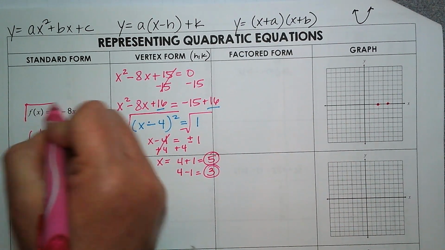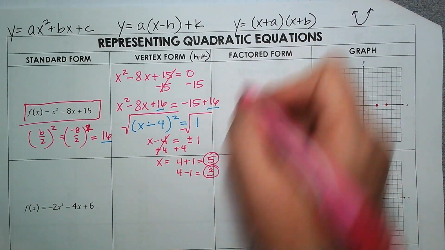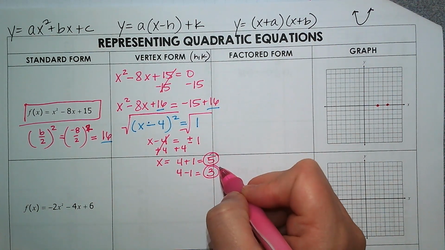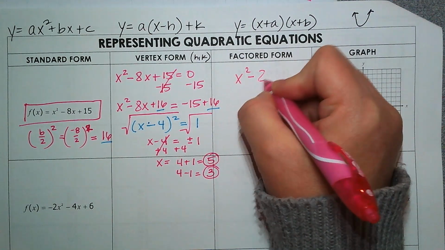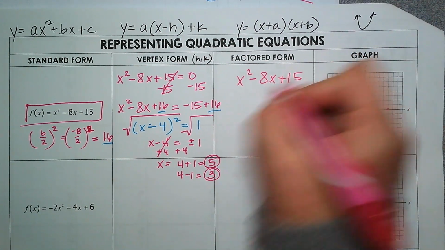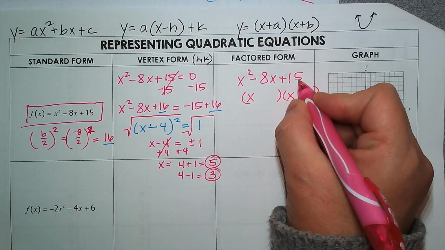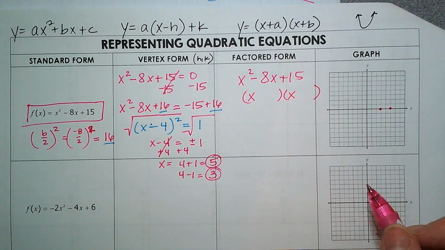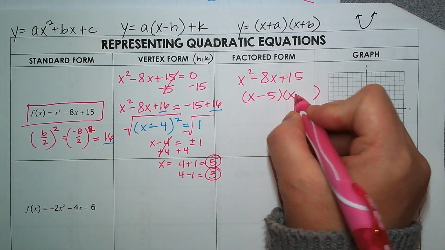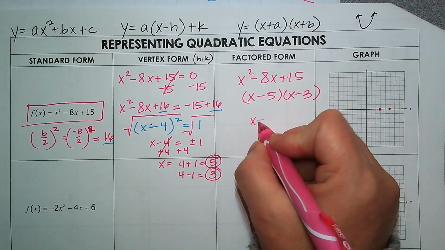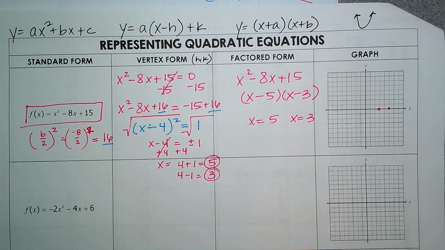If I take this equation and factor it, these should be the answers after I factor it, right? What can I multiply to get 15 and add to get negative 8? What are my solutions? 5 and 3.